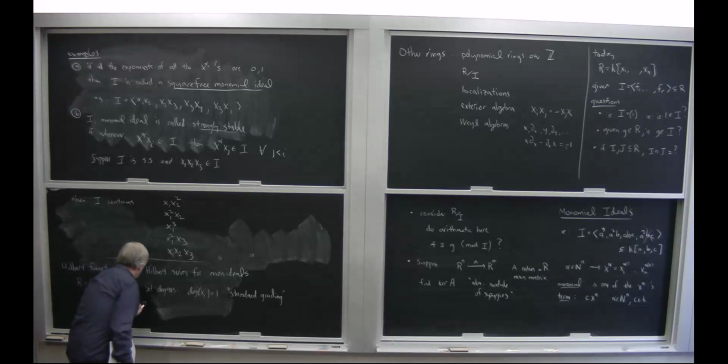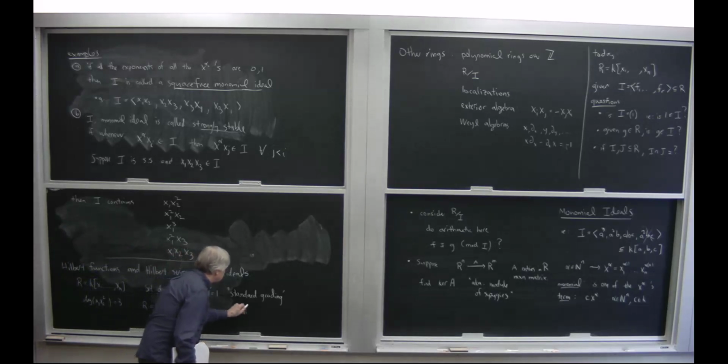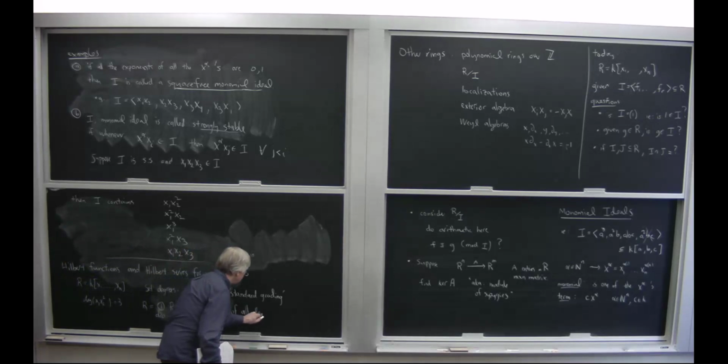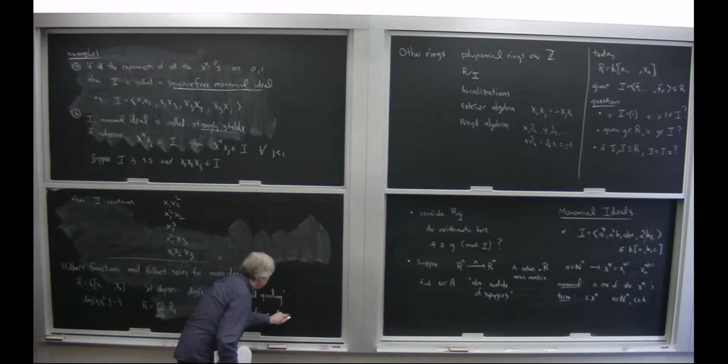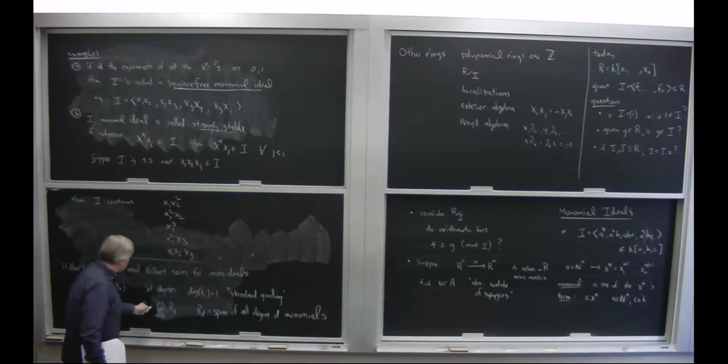And R we can write down as the direct sum over all d, well, in Z, because all these things are integers, but in fact d greater or equal to 0, of R sub d, where R sub d is equal to the span of all degree d monomials. Okay. What is this equality?